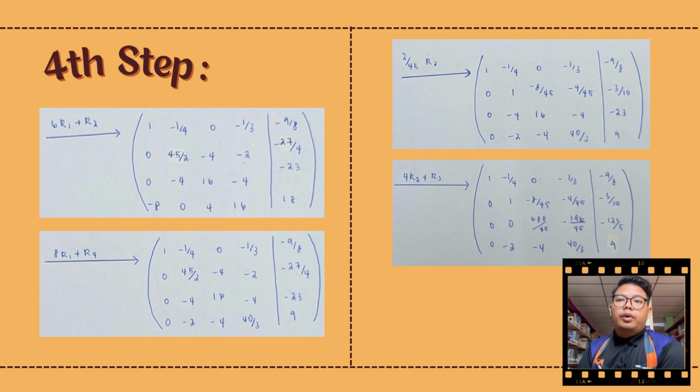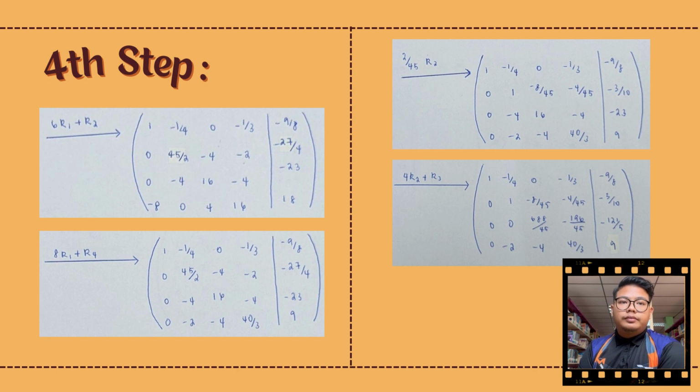Next step, we move to row 2, and we need to find the second leading one in row 2, column 2. So it will be 2 over 45 R2, which will be 0, 1, negative 8 over 45, negative 4 over 45, negative 3 over 10.